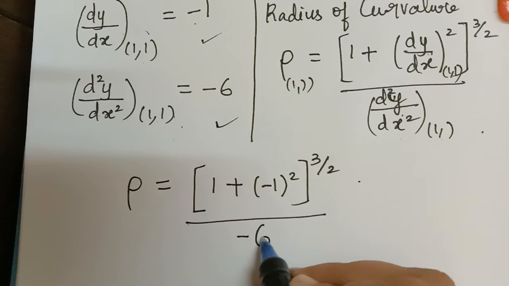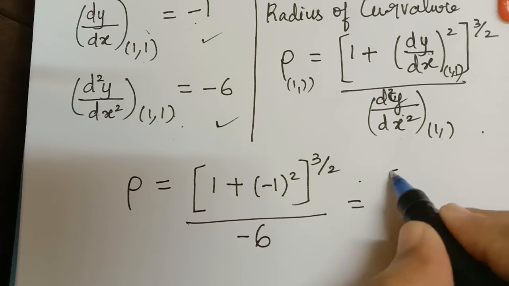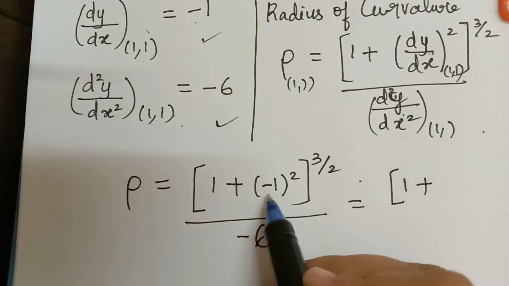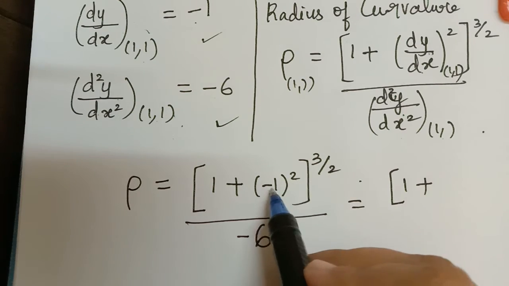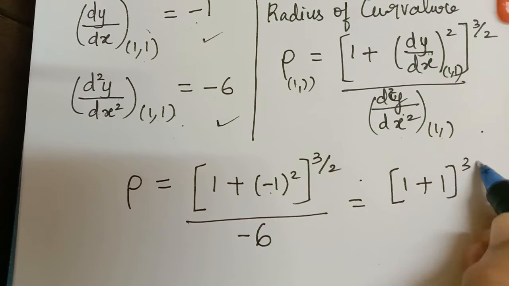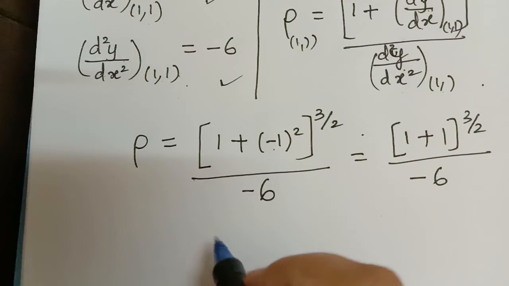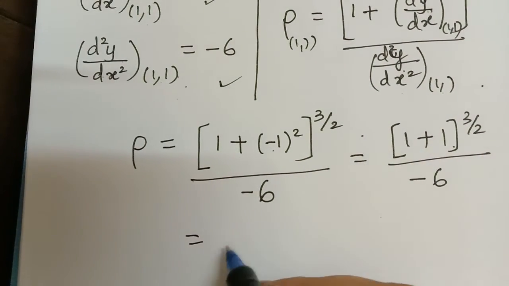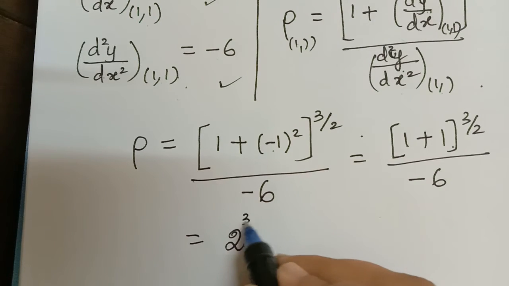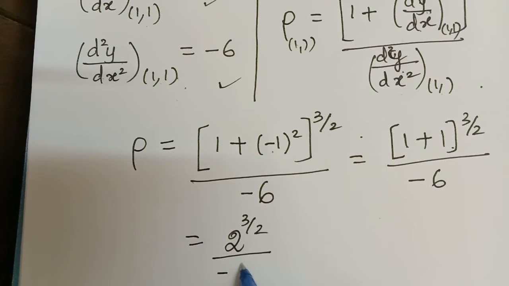So we have to write that minus 6 here. So that is equal to 1 plus, what is minus 1 the whole squared? It is 1, power 3 by 2, divided by minus 6. And so this will be equal to 1 plus 1 is 2. So 2 to the power of 3 by 2 divided by minus 6.